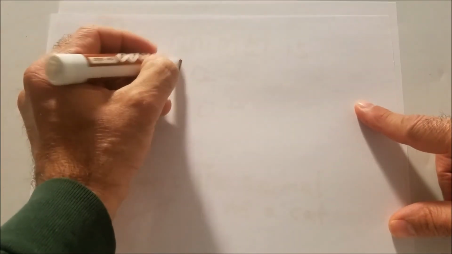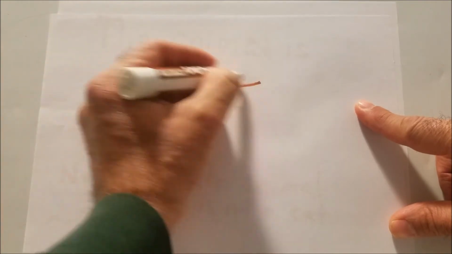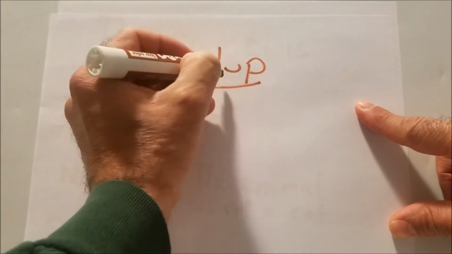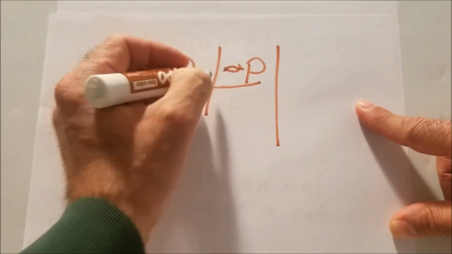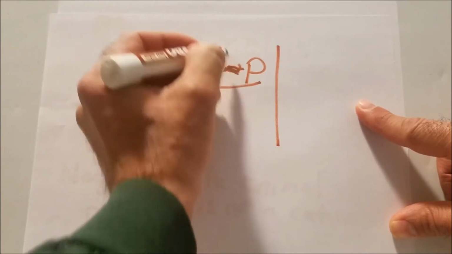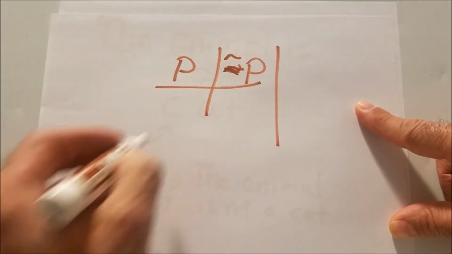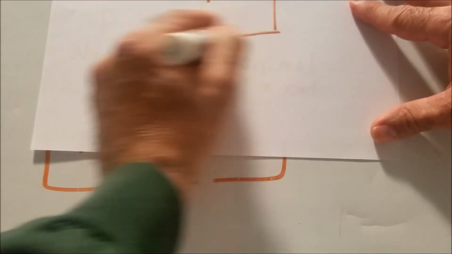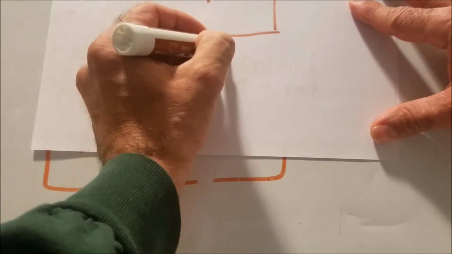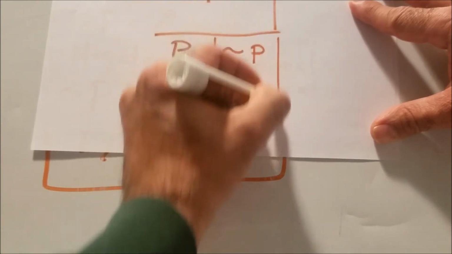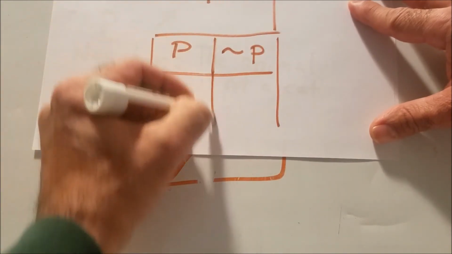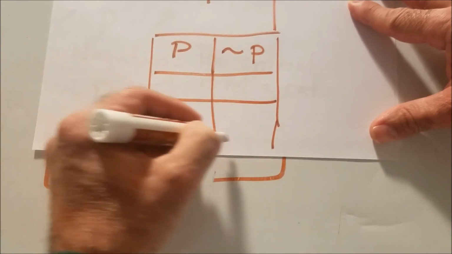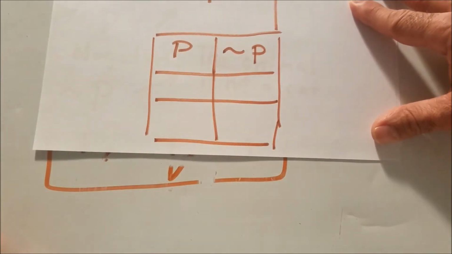So we're going to have P for our statement and its opposite statement. Right? And that's not the symbol, it's more like that. In fact, let's just do it over. P, negation for not P. So again, we're saying the animal is a cat.